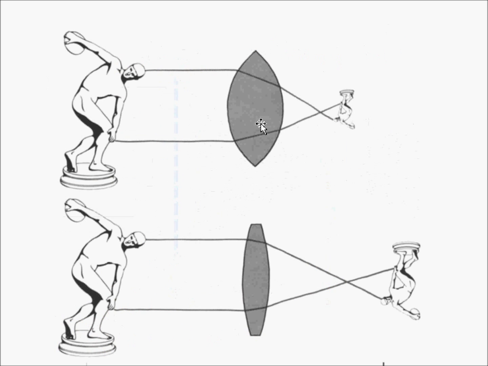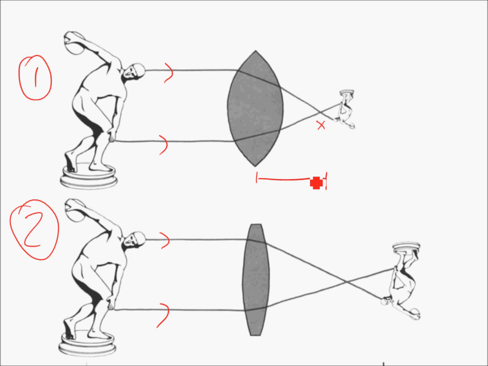So I've got two situations here, both of which have sets of parallel rays coming in. This is situation 1, this is situation 2. Parallel rays coming in in both cases, and in this first instance my focal point is here, and so my focal length is that. And in this second situation, this is my focal point.